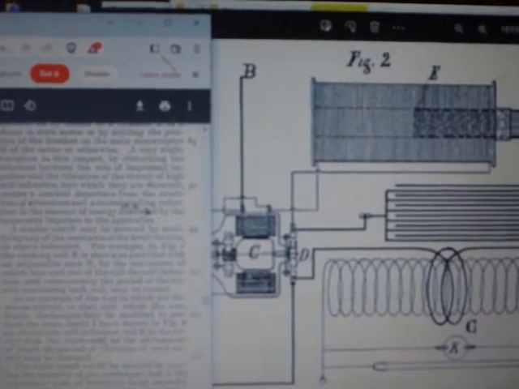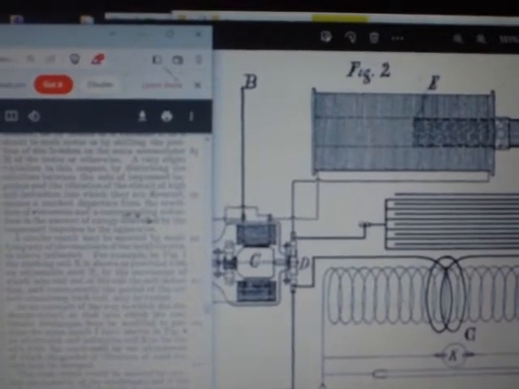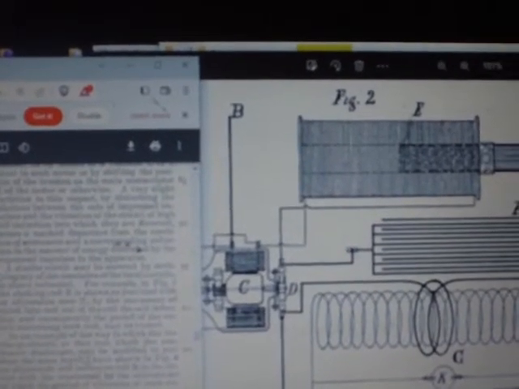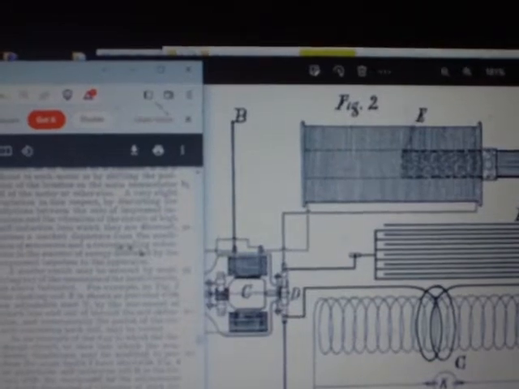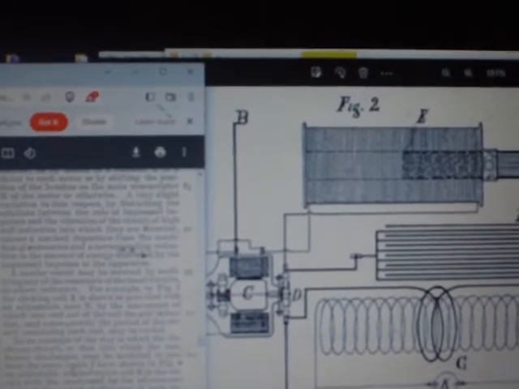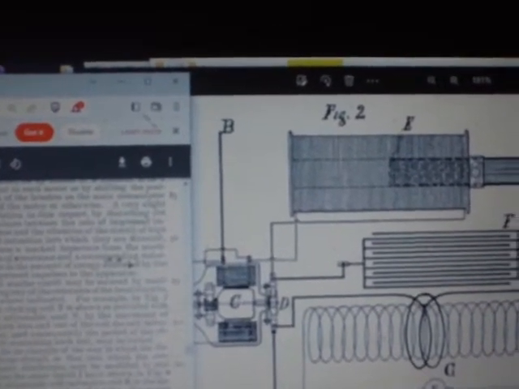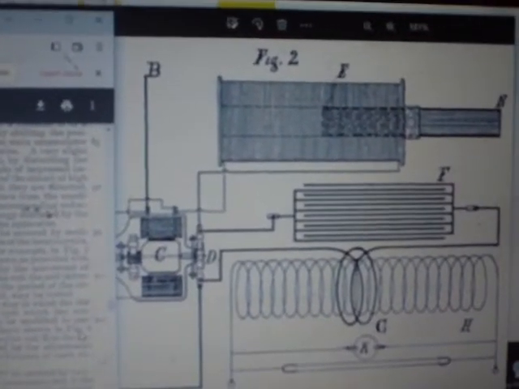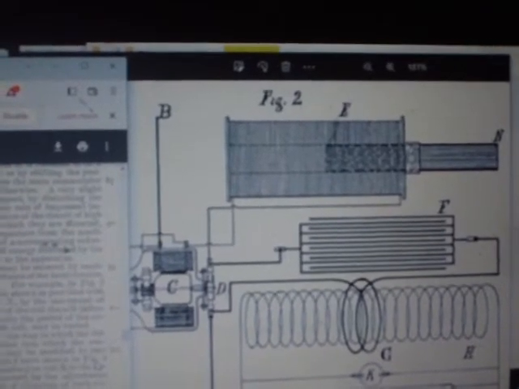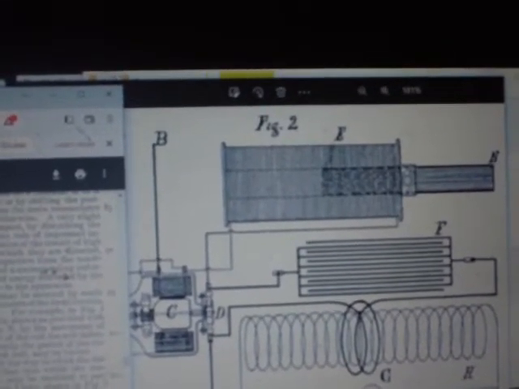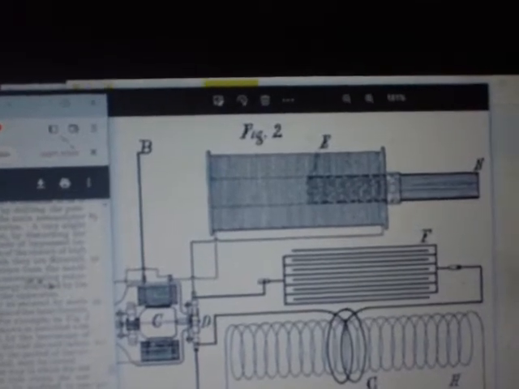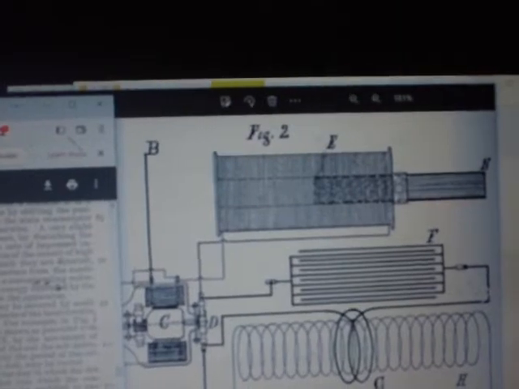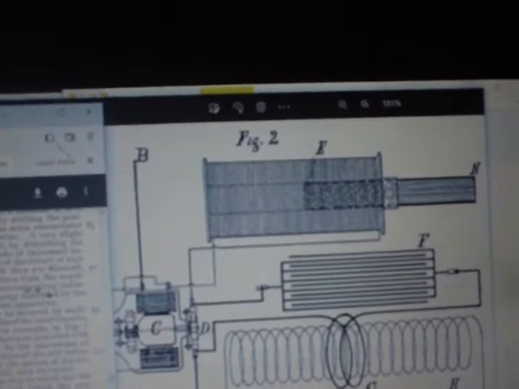As an example of the way in which the discharge circuit, or that into which the condenser discharges, may be modified to produce the same result, I have shown in figure 3 an adjustable self-induction coil R in the circuit with the condenser, by the adjustment of which the period of vibration of such circuit may be changed.